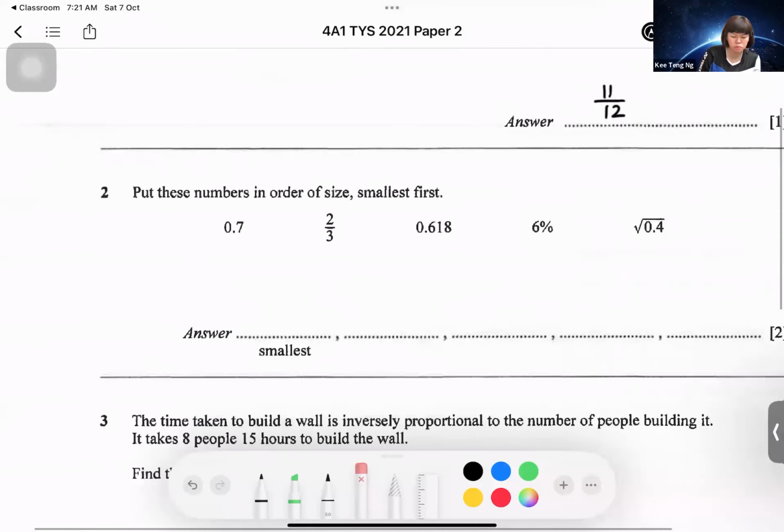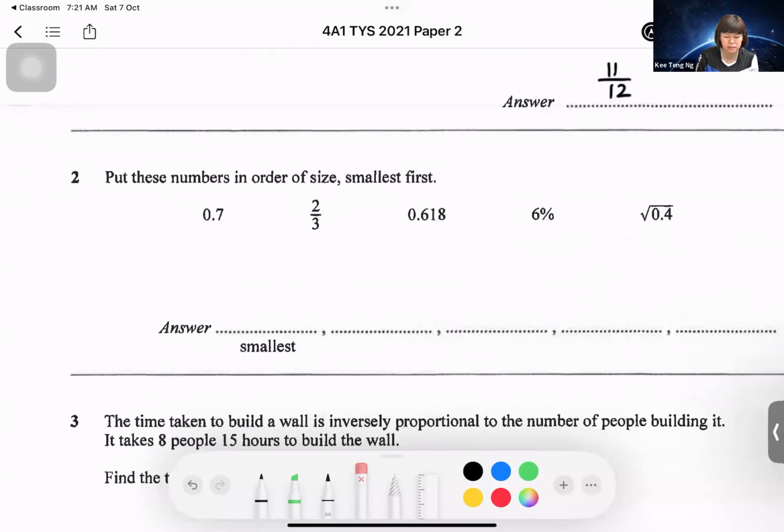Next question: put these numbers in order of size, starting with the smallest. Here, we're trying to change everything to decimal. The fraction 2 over 3 will be equal to 0.66666 all the way, then a 7 because it's being rounded up. Next, 0.618.